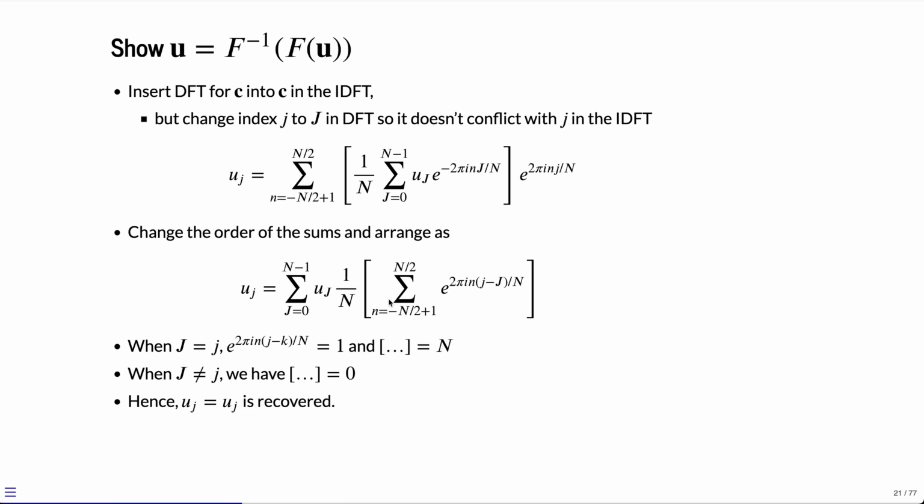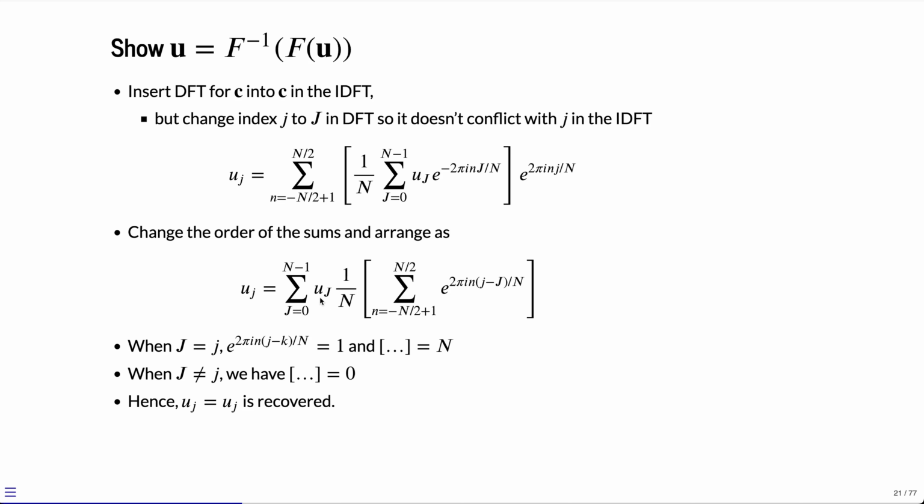And so we can look at this term in brackets. When big J equals little j, this term is 0, and e to the 0 is 1, and you have n of those. So you've got n, which cancels with this n, and so we end up with just uj equals the sum of these j's.